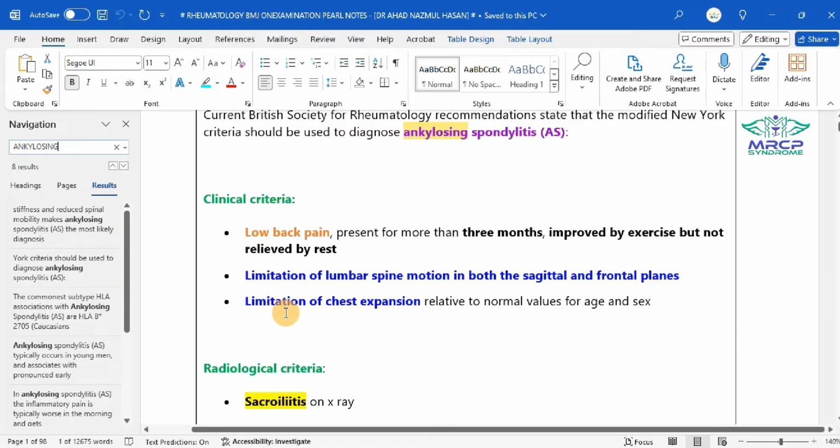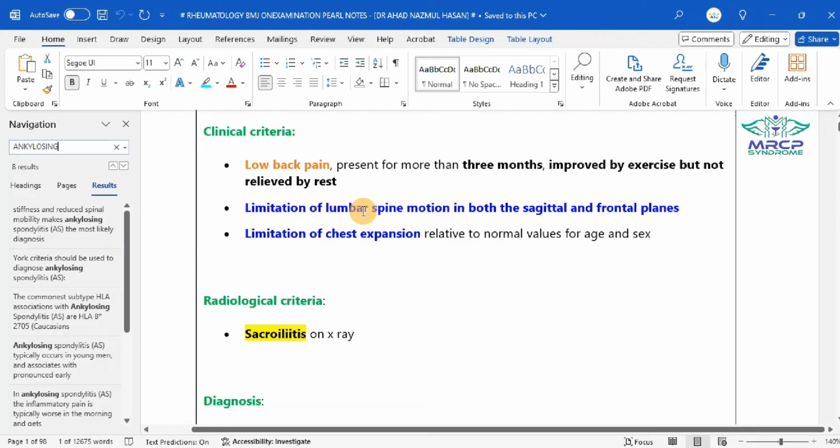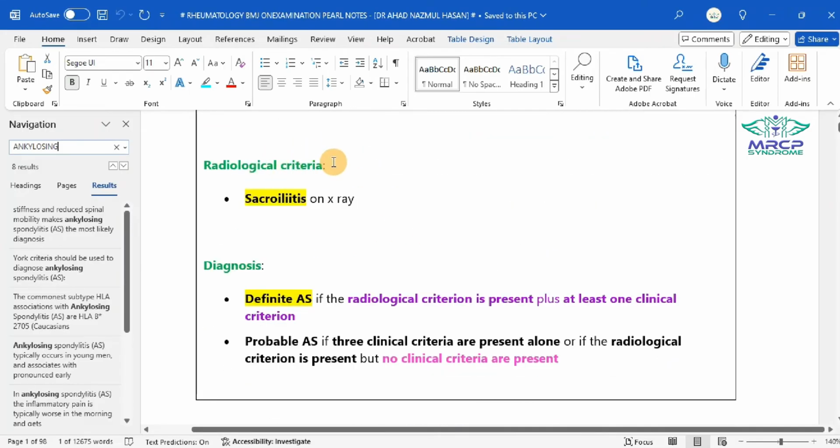There are 3 clinical criteria: low back pain present for more than 3 months, improved by exercise but not relieved by rest; limitation of lumbar spine motion in both the sagittal and frontal planes; and limitation of chest expansion relative to normal values for age and sex. The radiological criterion is sacroiliitis on the X-ray.